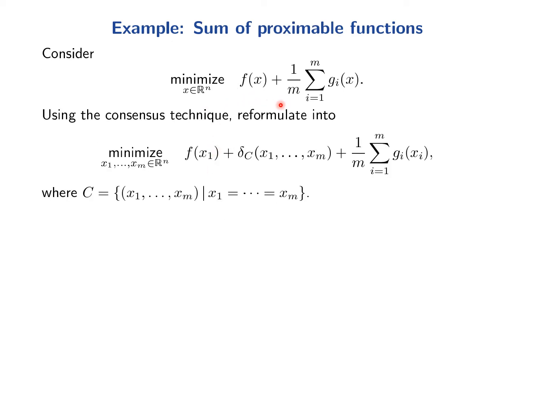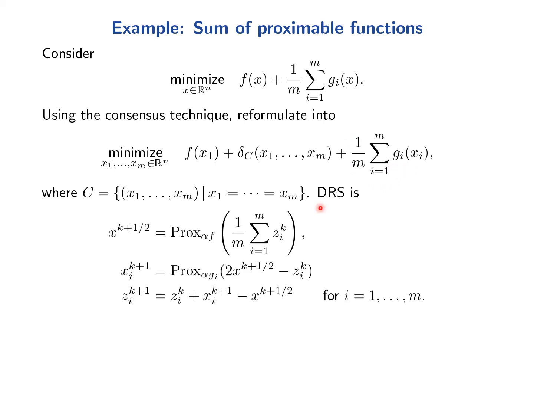Consider minimizing f of x plus the average of g_i, where both f and all the g_i's are CCP and proximable. Using the consensus technique, we can reformulate the problem into this form where we have m variables and a consensus constraint which requires all the m variables to equal one another, and the last part where every g_i depends on individual x_i. The Douglas-Rachford splitting algorithm has 3 steps.